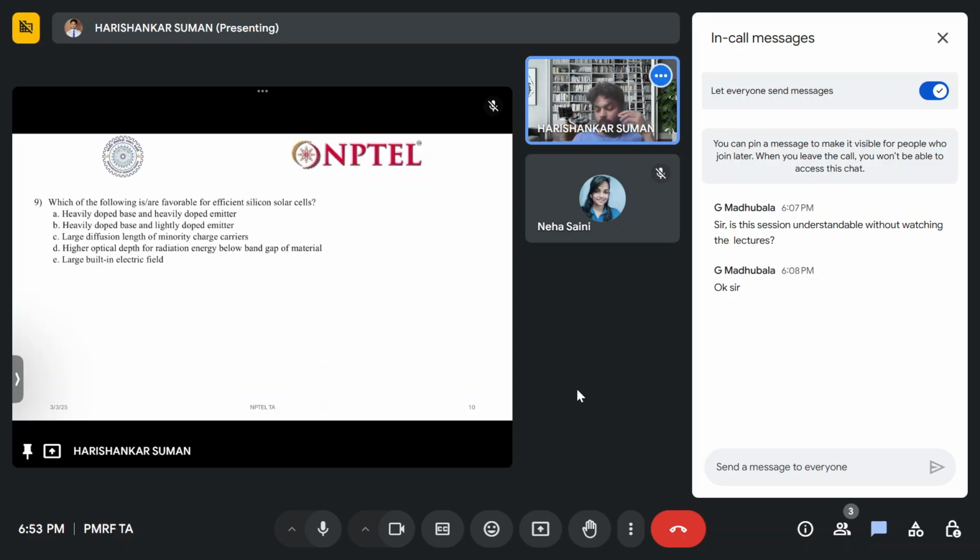Next question: which of the following is/are favorable for efficient silicon solar cell? Heavily doped base, heavily doped emitter, heavily doped base and heavily doped emitter. These are the same, okay, this is a typo error.